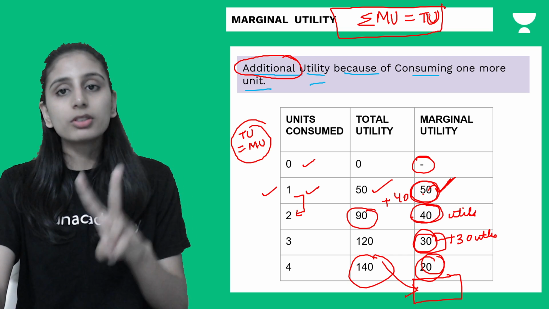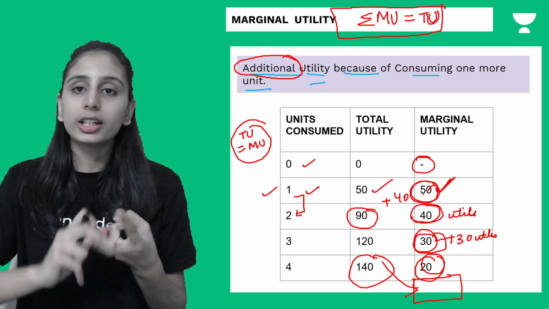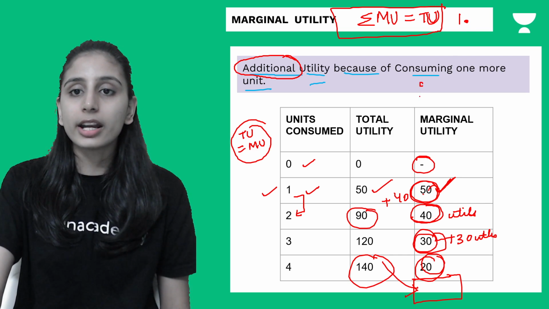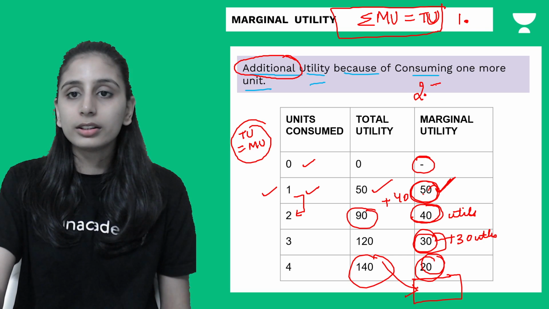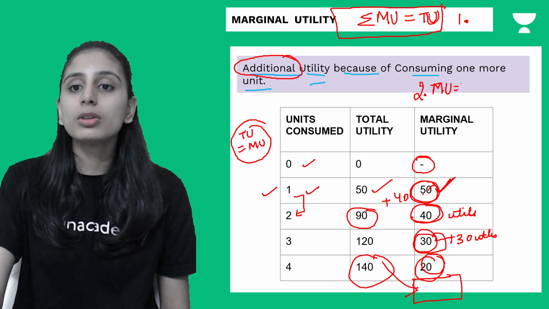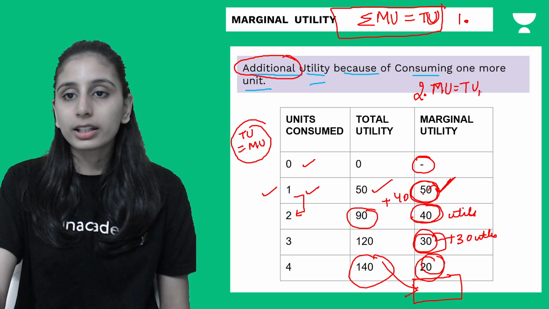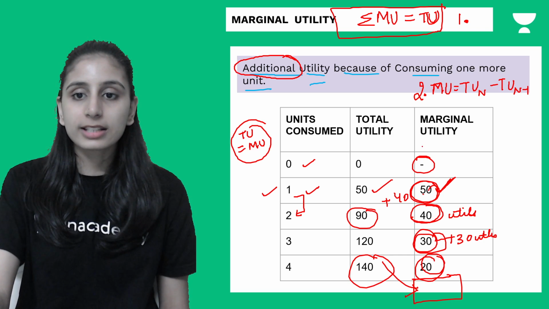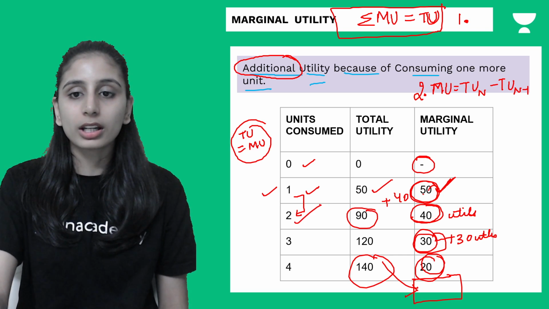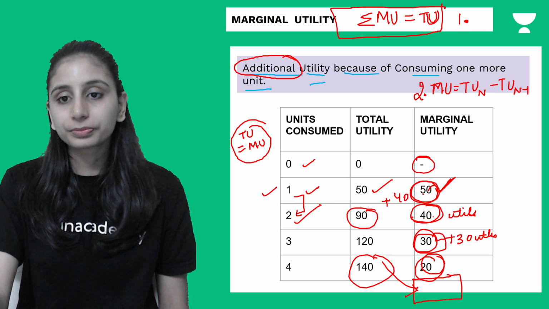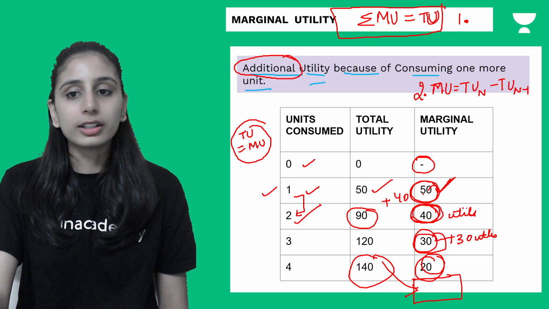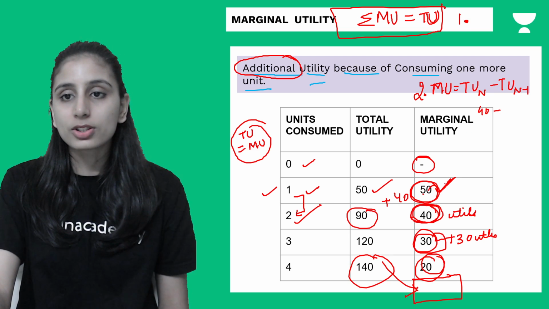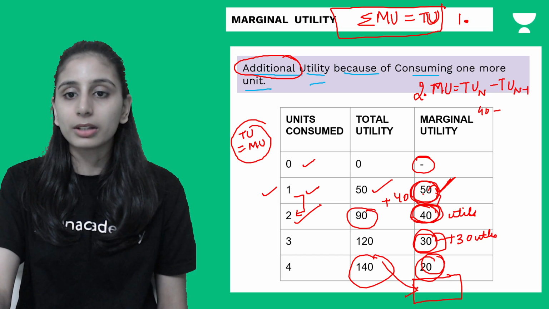We have two important formulas in this, marginal utility and total utility. The first I have written here, the second I'll write here. Marginal utility is equal to total utility at n minus total utility at n minus 1. Suppose हमें marginal utility at second unit निकालना है, so we'll take n, TU at n, which is TU at 2, which is 90, TU at n minus 1, n minus 1 is 1, so TU at first unit will be 50.